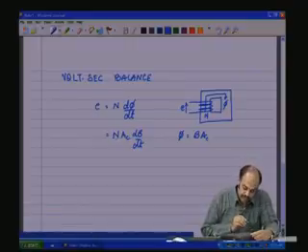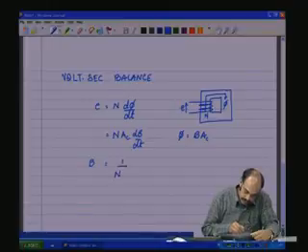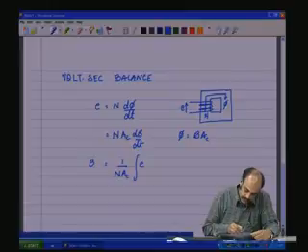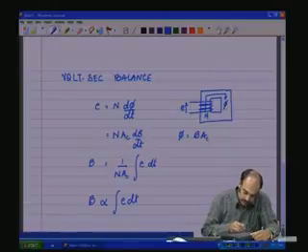So, N AC dB by dt, and therefore, the flux density is given by 1 by N AC integral of E dt. Now, N and AC are constants, and therefore, B is proportional to integral of E dt.